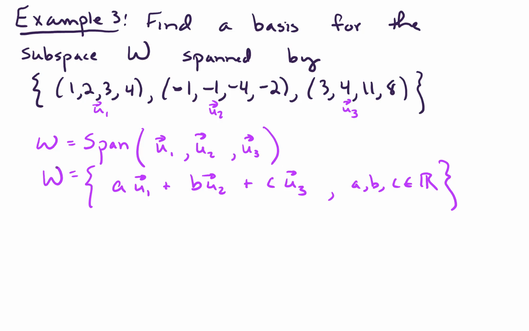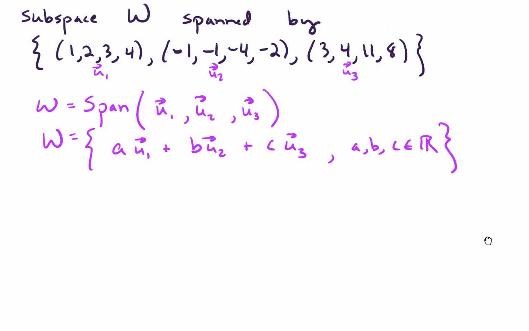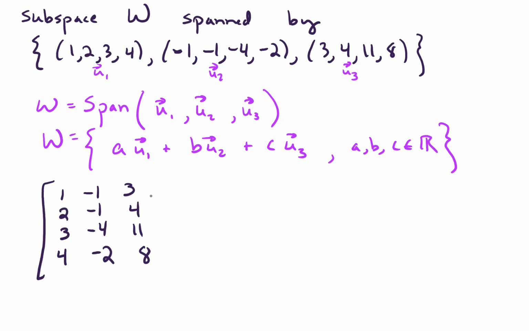Okay, so again, lots of ways to look at this, but one way to do this is to say, I'm going to look at these vectors as columns: 1, 2, 3, 4, and negative 1, negative 1, negative 4, negative 2, and we'll look at 3, 4, 11, and 8.